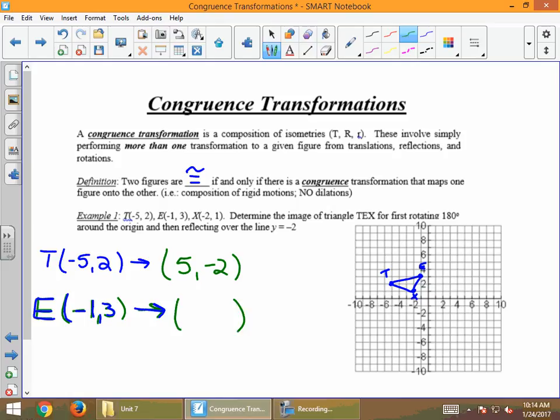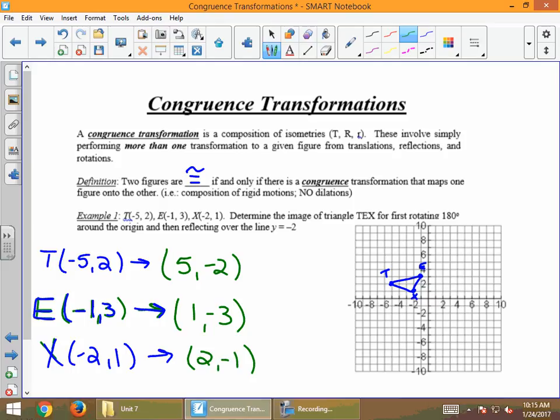So negative 1, 3 becomes what? 1, negative 3. Good. And then X was negative 2, 1. So we do a 180 degree rotation, it's going to become what? 2, negative 1. You just change the sign.